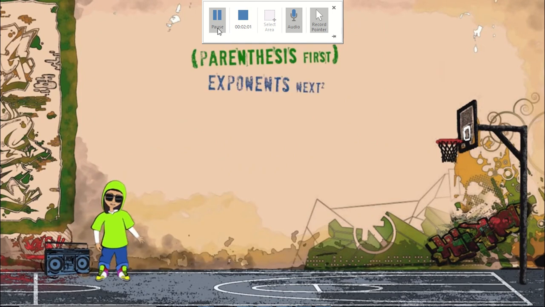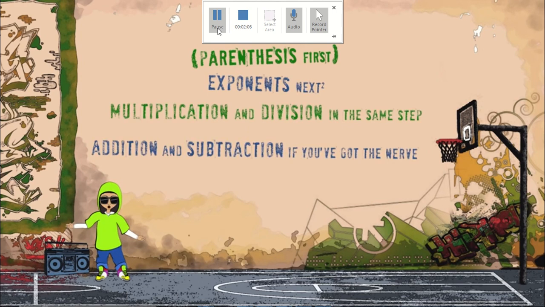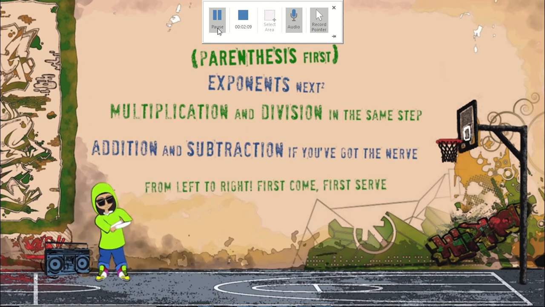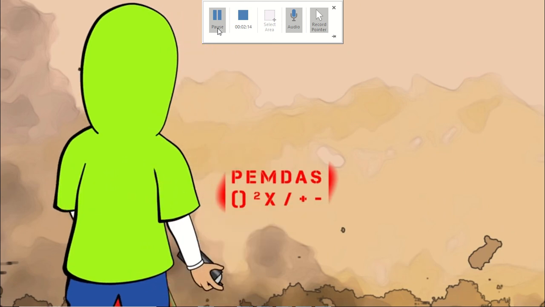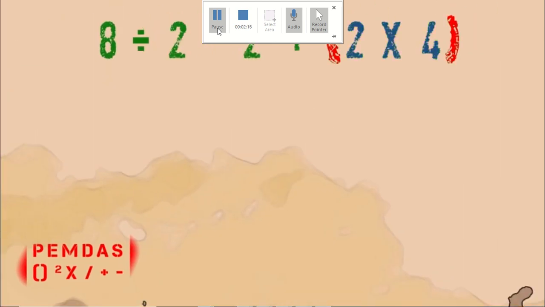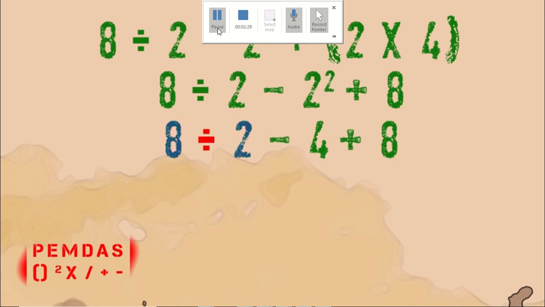Parentheses first, exponents next, multiplication and division in the same step. Addition and subtraction, if you got the nerve, from left to right, first come, first serve. Parentheses first, 2 times 4, the product's 8. Exponents next, 2 squared is 4. Time to divide or multiply. Divide the 8 by the 2. The quotient's 4 and we're almost through. It's finally time to add or subtract. 8's the answer and that's a fact.